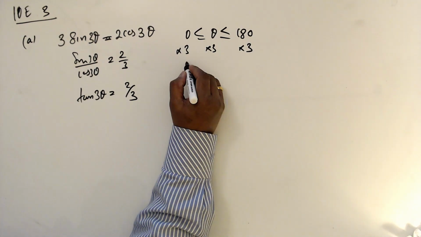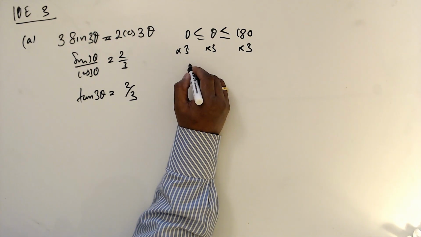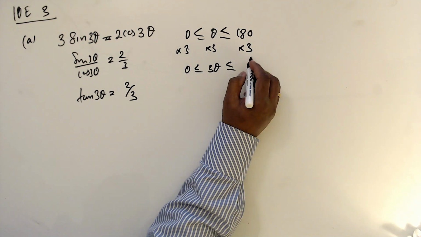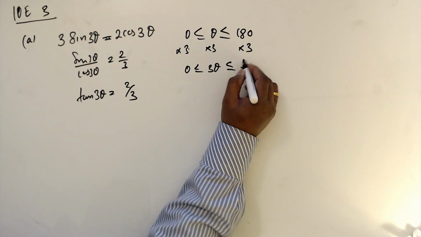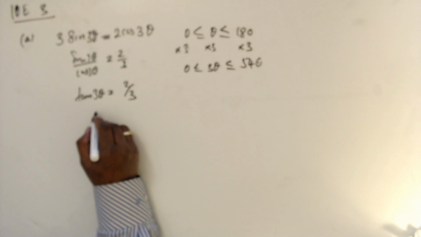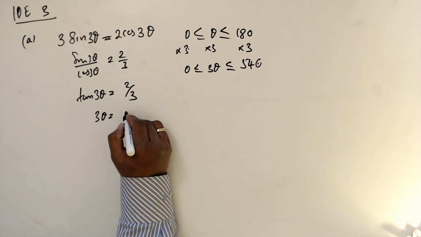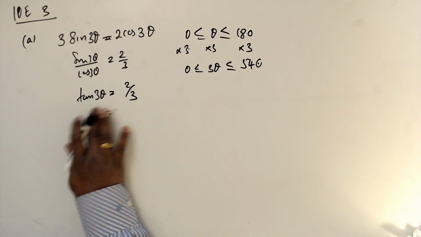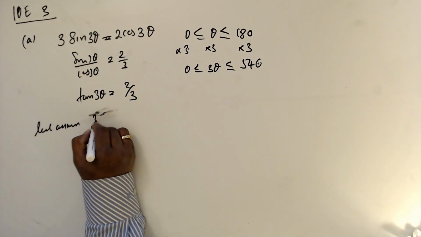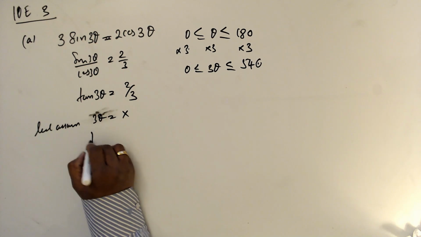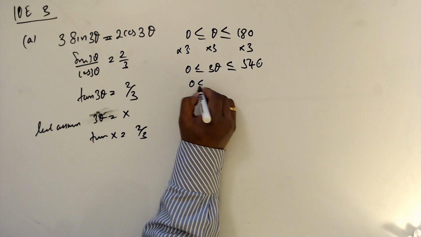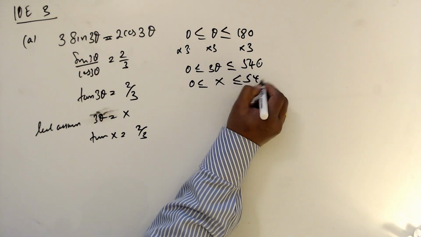So this is going to be 3 times 0, and this is 3θ, and this is 540. Now let's assume 3θ equals x. Then tan x equals 2 over 3 and 0 ≤ x ≤ 540.